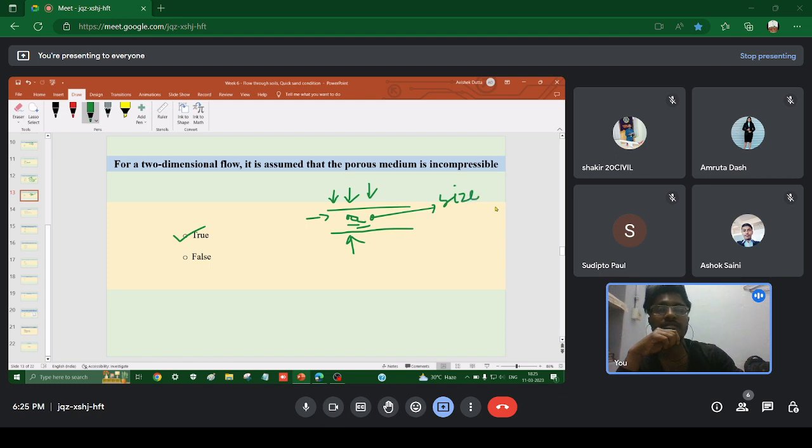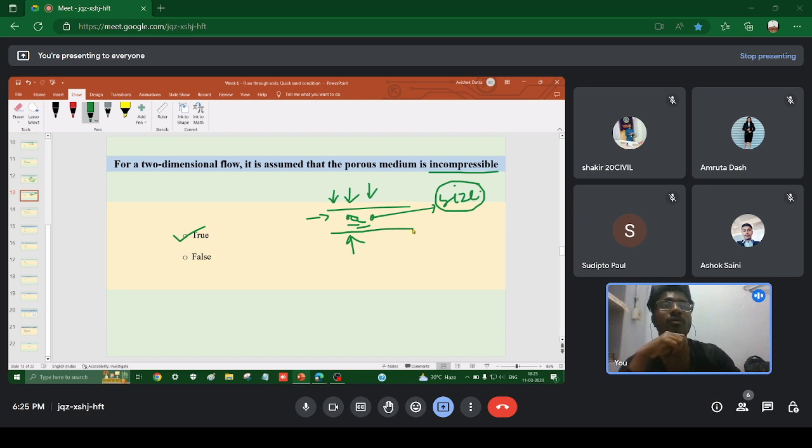And if the size changes, then the cross-sectional area will change, then the whole principle of seepage using Darcy's law will not be valid. So the medium is incompressible, that is the size of the pores remains constant with time regardless of the water pressure. Whatever the water pressure is in this particular porous medium, and whatever the time it is, this particular porous medium is incompressible. Its volume won't change.